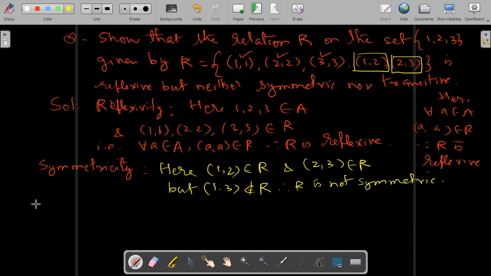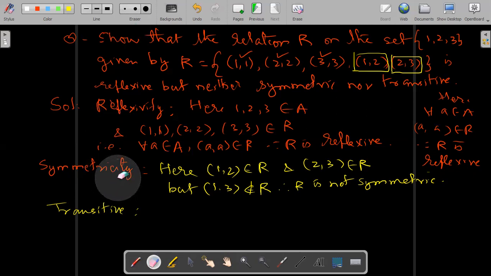Third, we have to check the transitive relation. Sorry, this I did transitivity first. I think. Yes, this I did transitivity first. No problem.